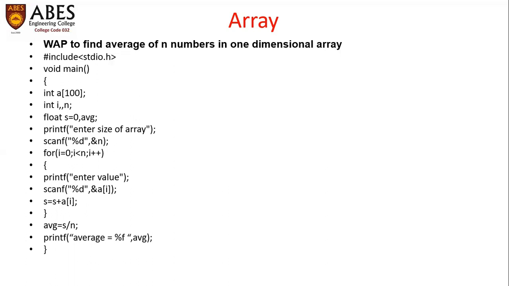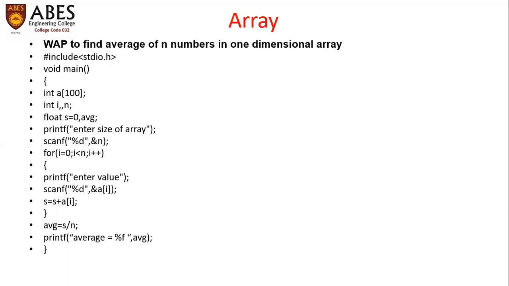Here we are doing two things under one for loop: taking the input values and adding into s. Rather than taking a separate for loop, some programmers do it this way: taking the values one by one and adding them into s equals s plus a[i]. What is the formula? s equals s plus a[i]. It is self-updating; after every iteration, s is updated.